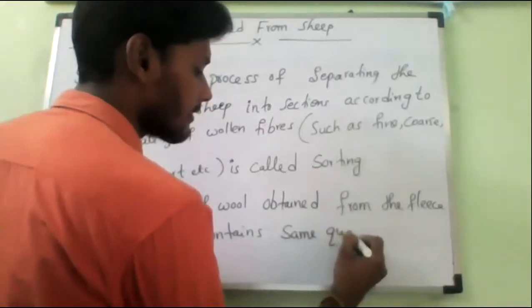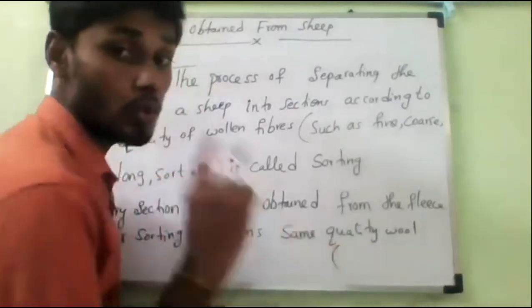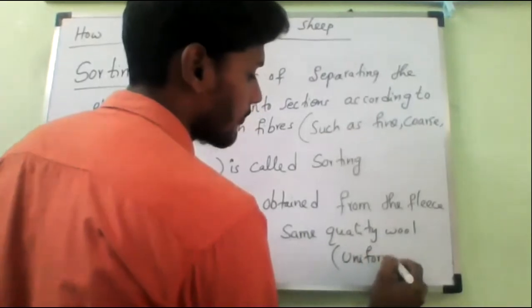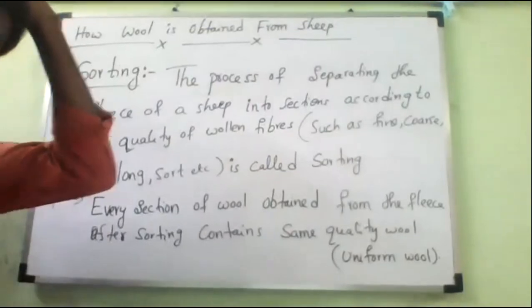Same quality wool means the sense of what? Uniform. Understand? Uniform wool. That is what you should remember. Right. That's all. So this is called what? Sorting.